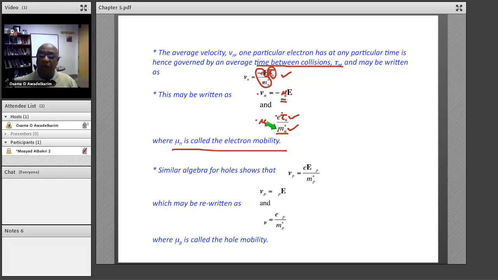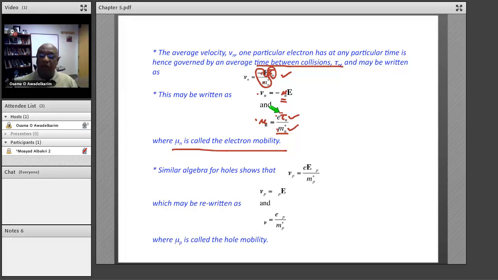If the electron is light, then the mobility is high. The electron can move very easily. Tau, time between collisions: if the collisions happen after a long time, then the electron can move easily. If the collisions happen after a short time, then the mobility is small and the electron can move less easily.